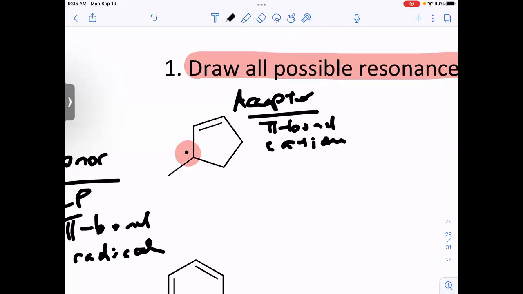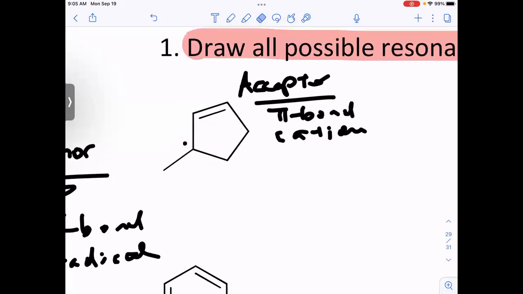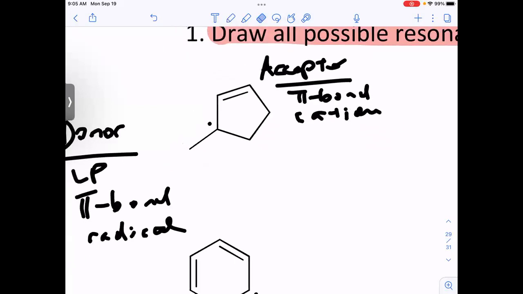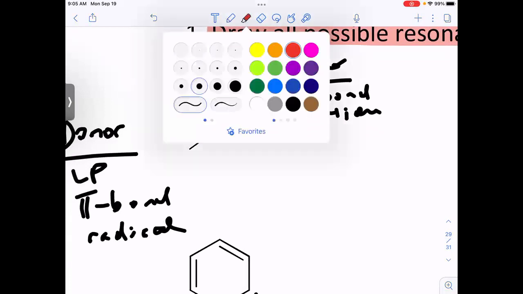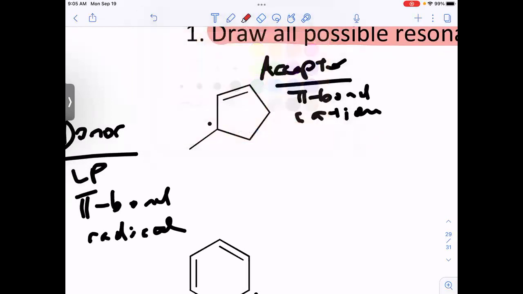So for this particular system, this allylic radical that you can see right here, it's a 3-carbon unit that has a donor and an acceptor adjacent.